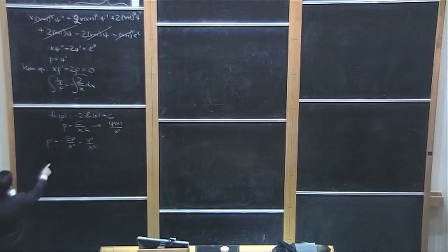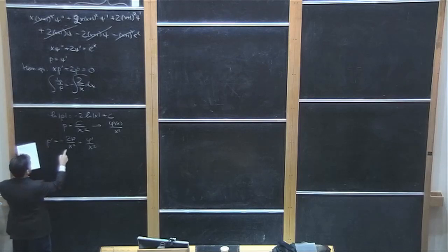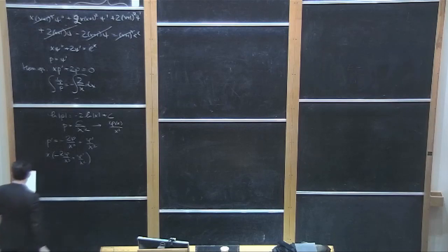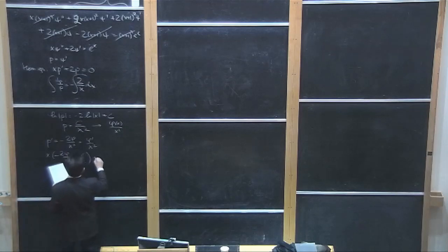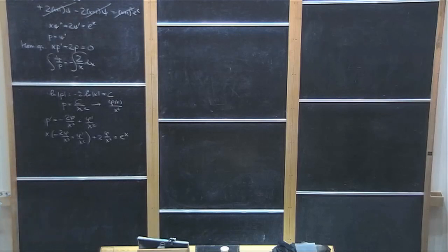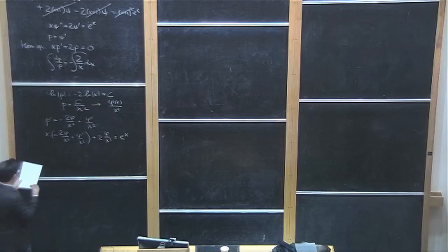So I substitute that into this equation: x times minus 2 phi over x cubed plus phi prime over x squared, and plus 2 phi over x squared, and that now is equal to the right-hand side. I'm doing this to accommodate the right-hand side, the inhomogeneous equation.